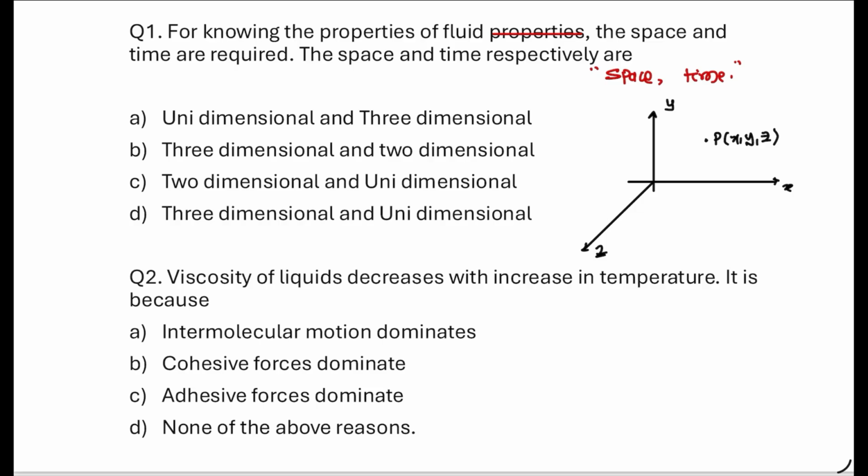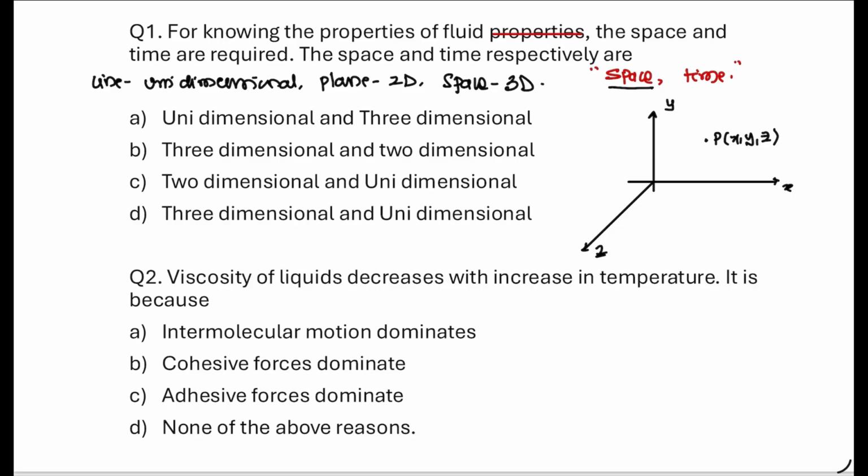Now, a line means unidimensional. Please try to understand. Line is unidimensional, a plane is two-dimensional, and space is always three-dimensional.